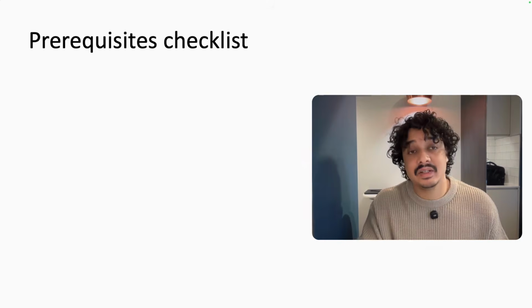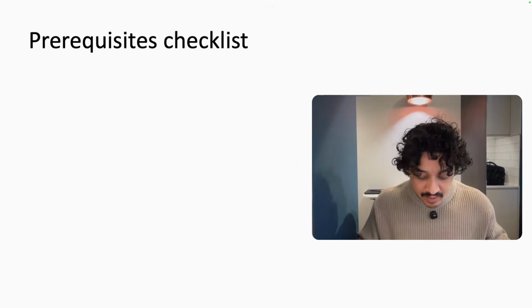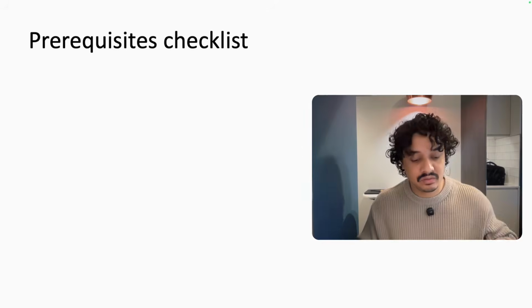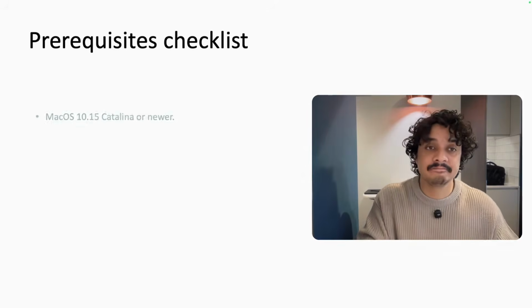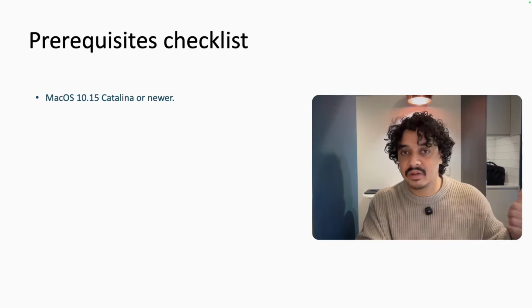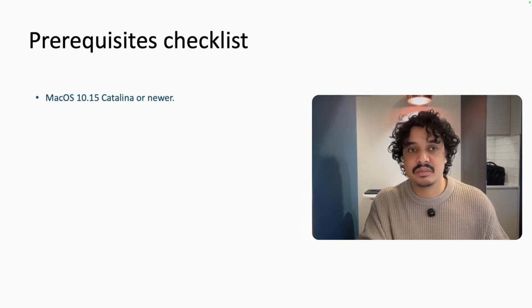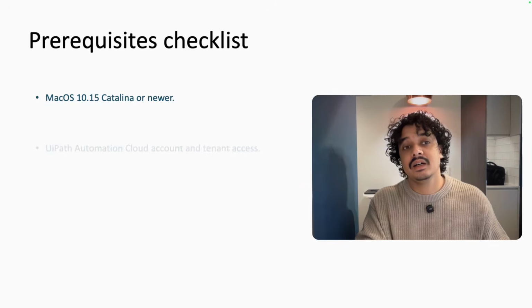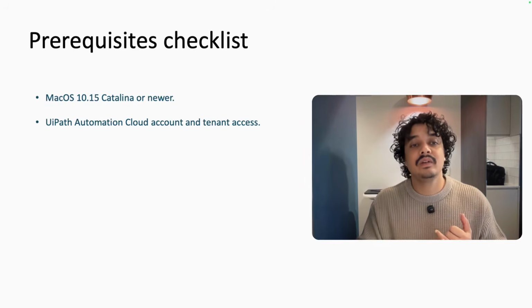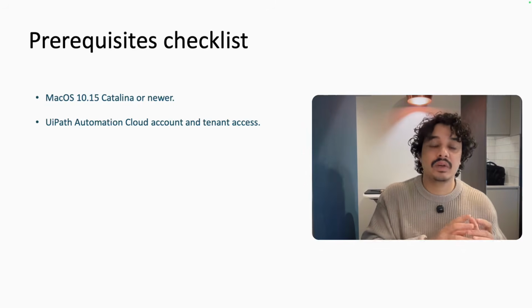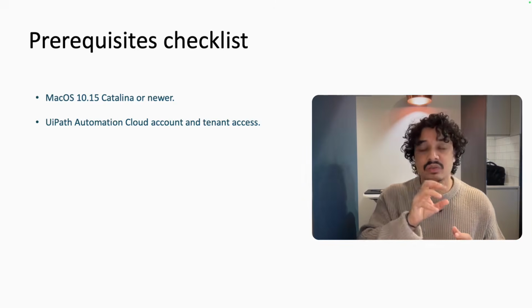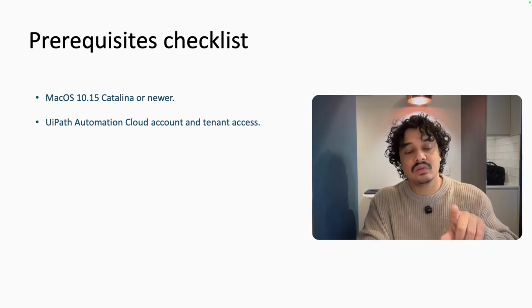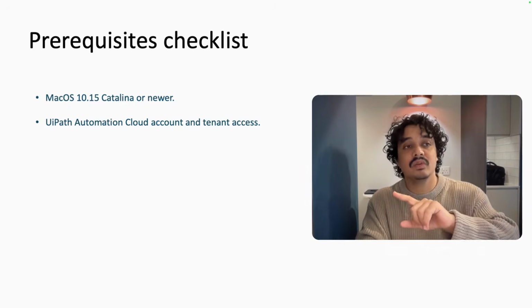The next one is, if I have to install and start running UiPath on my Mac today, what do I need? First, you need a macOS version greater than 10.15 Catalina. Second, you need a UiPath Automation Cloud account. That gives you the setup which you need to download, and that also gives you Orchestrator where you are going to deploy.